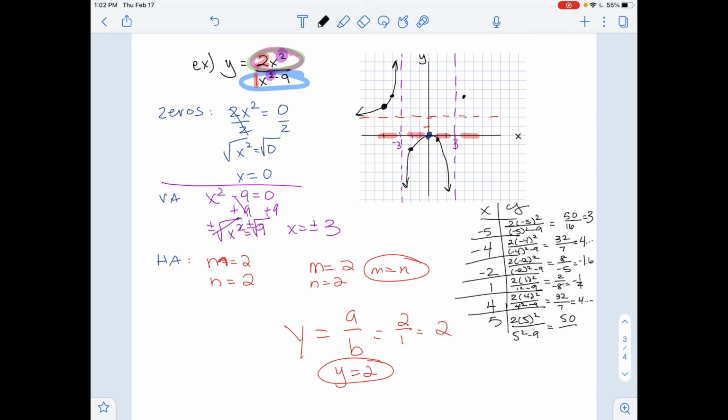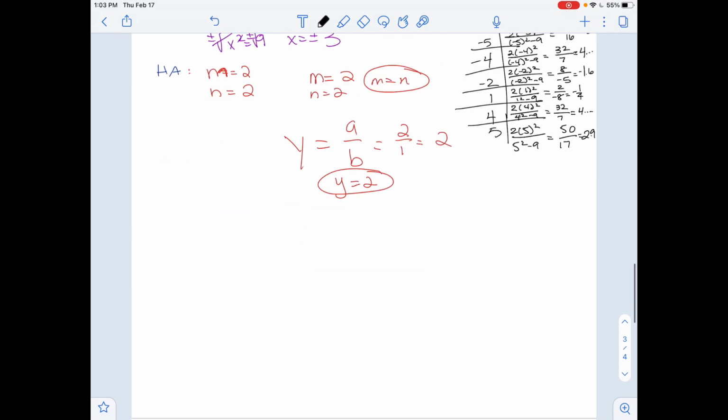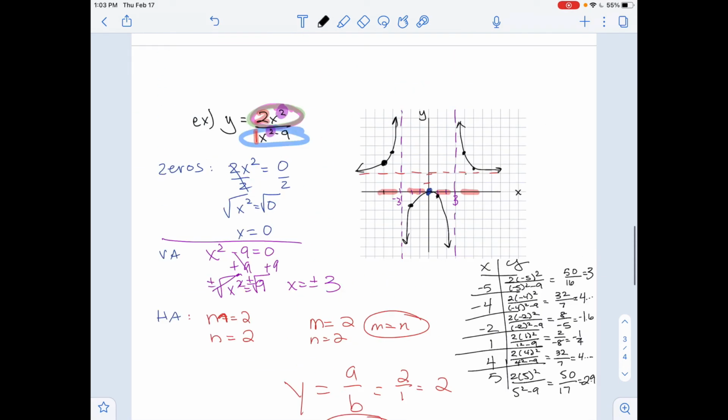We get 50 over 25 minus 9 is 16, which is a little bit under 3. So it's like 2.9-ish. If you want to put it in your calculator, you can. So 2.9-ish at 5 is going to be about right here. So this is going to look like that. And you can use any values you want, but you have to have a few in each range. All right, guys, that's all we have.